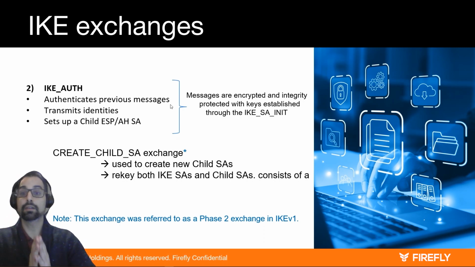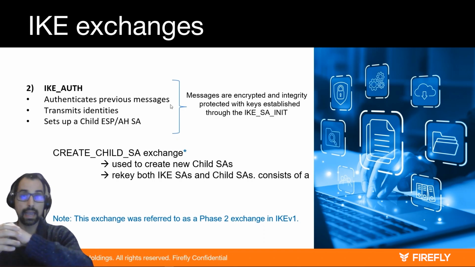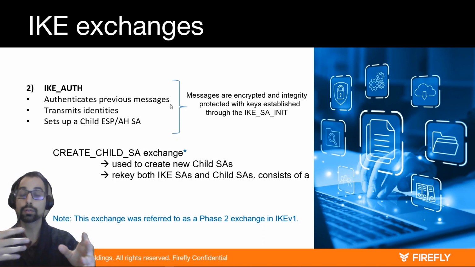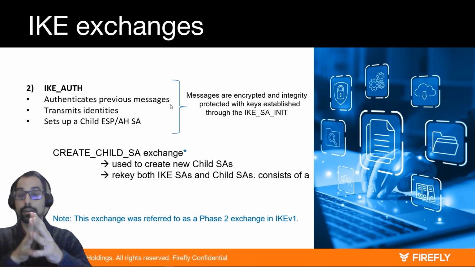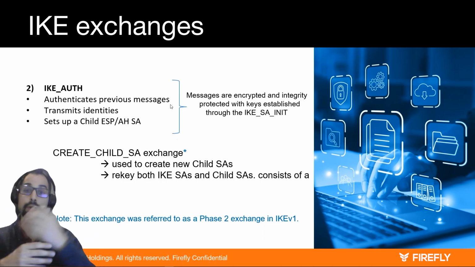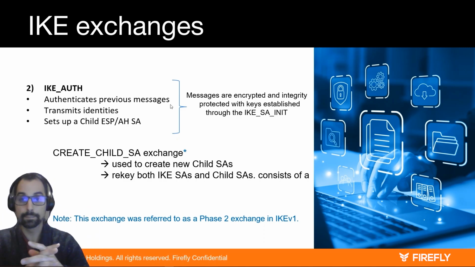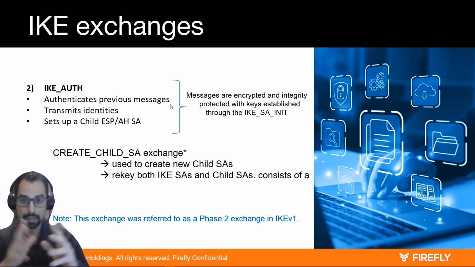And finally, we really end up setting up that child ESP or AH security association. As you see here, all those messages now are going to be encrypted using those keys that we created from the first exchange, that IKE SA init message exchange.